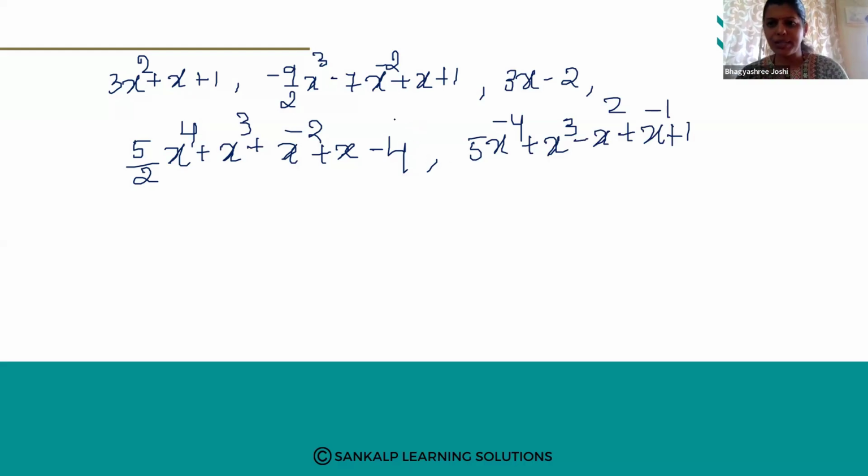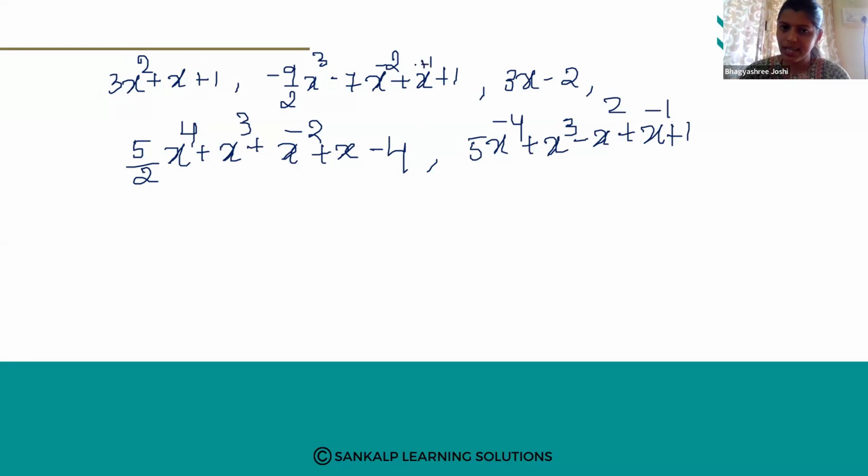So observe carefully. In all these examples, some variables are there, and the variables have some exponents, right? Here x square is there, here x raised to 1 is there. That means it has positive exponents, positive powers, so plus 2, plus 1. Next, here plus 3 and here minus 2 is there.